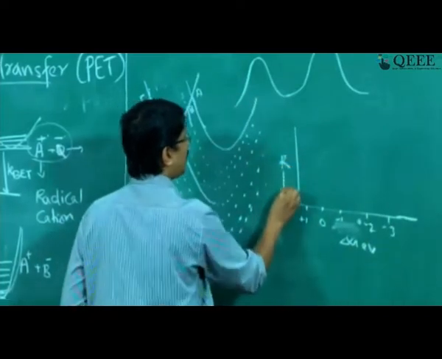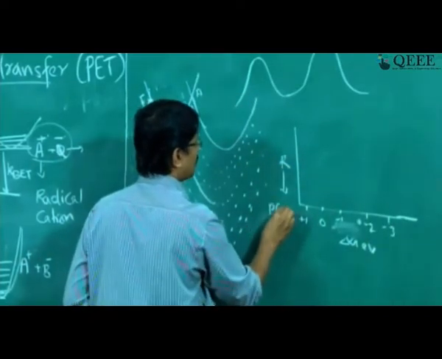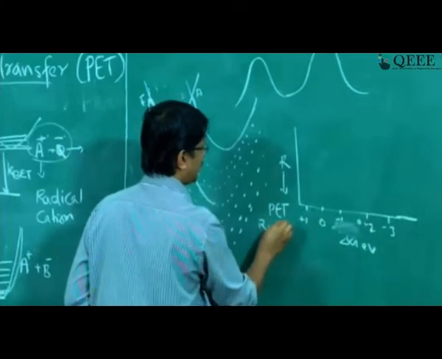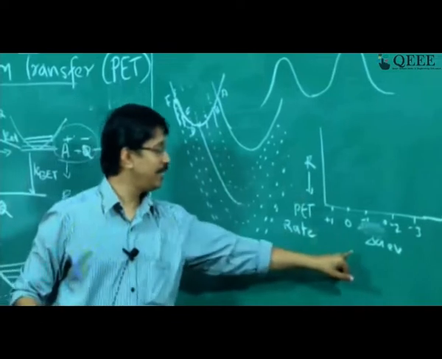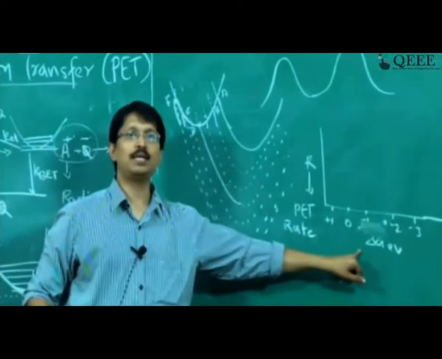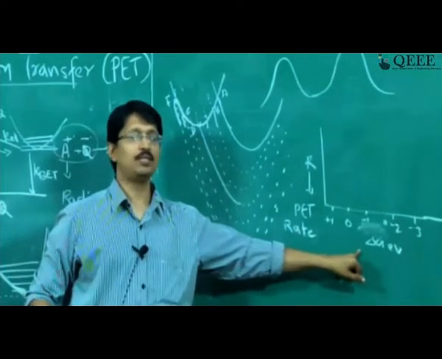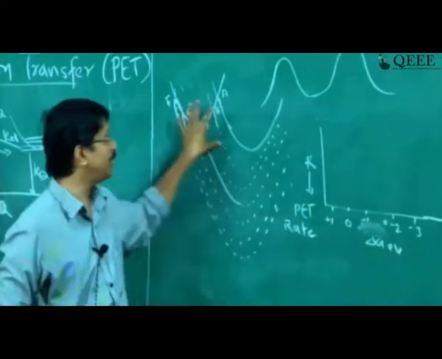This is the electron transfer rate constant, PET rate. Plot rate versus delta G, Gibbs energy change. How does this plot look like? From this graph you will be able to do it. I want you to comment on the shape of the graph.